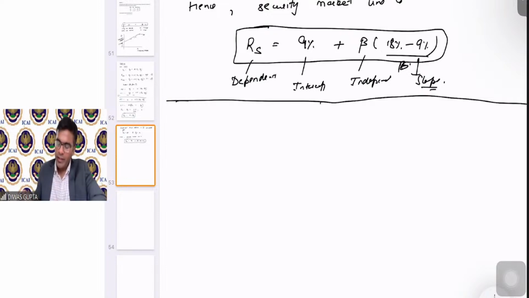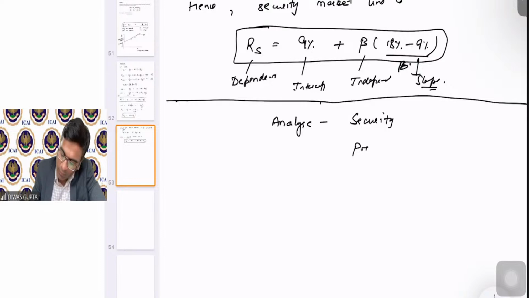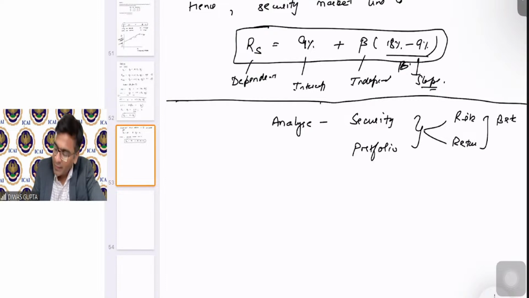Okay, students. So till now we have studied how to analyze security and portfolio, both of them through risk, return, beta, all those things. Then SIM, Markowitz, portfolio theory, MPT, all those things we have studied.